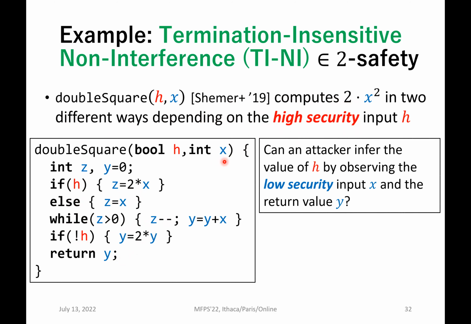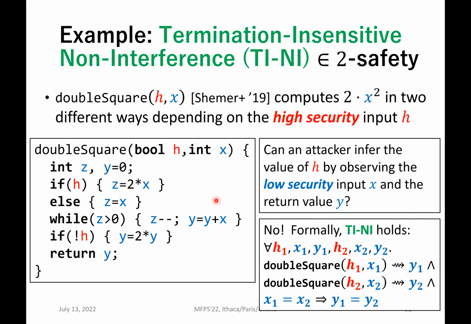We want to check whether an attacker can infer the value of the high security input h by observing the low security input x and the return value of y. Actually, the program satisfies the termination insensitive non-interference property and never leaks information.